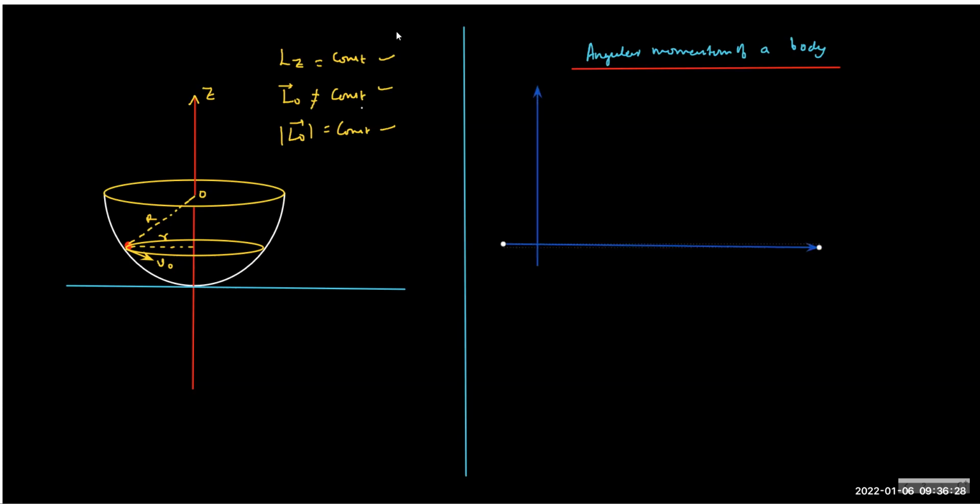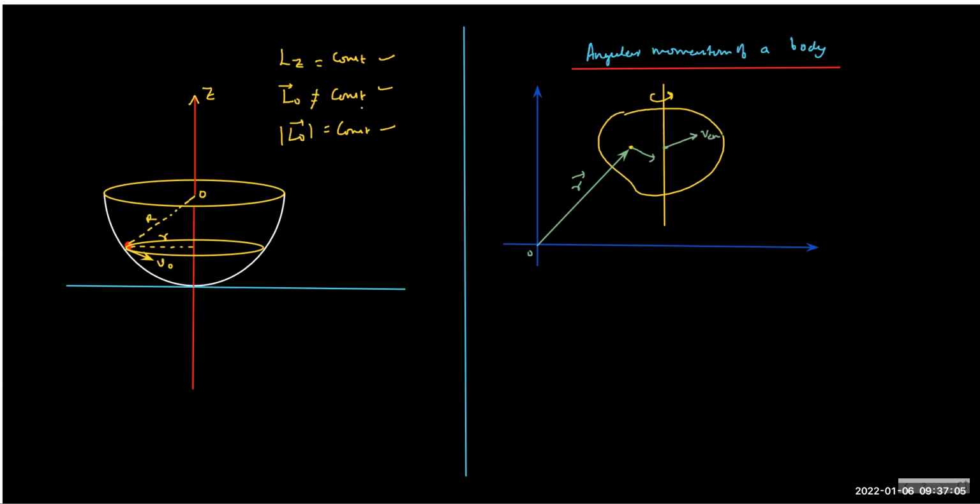So if we have a body, let's make our random body, and the body may be spinning on its own axis, so it may have some spin. If I choose any point on the body, then it will have some r vector, and it may have some velocity vector, and the body is also moving somewhere else.